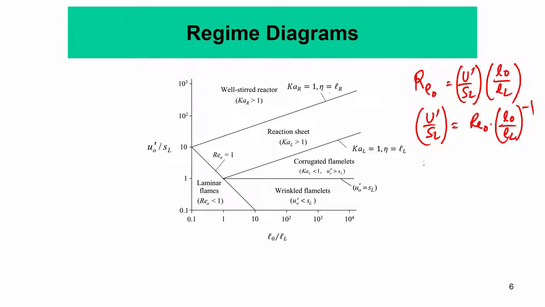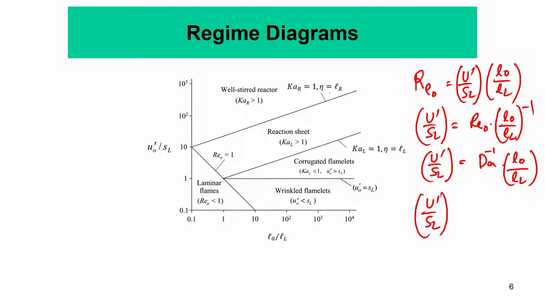The other parameter was the Damkohler number: u prime by SL is equal to Damkohler number inverse times L0 by LL. And the Karlovitz number: u prime by SL is equal to k to the power of 2/3 times L0 by LL to the power of 1/3.